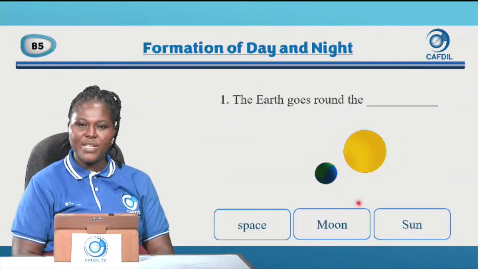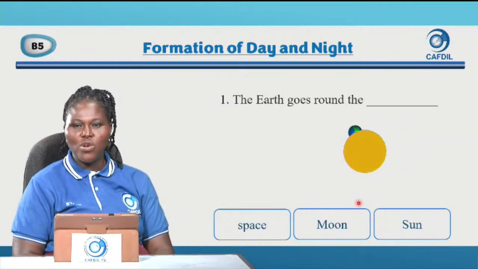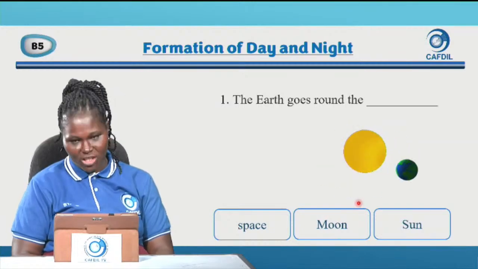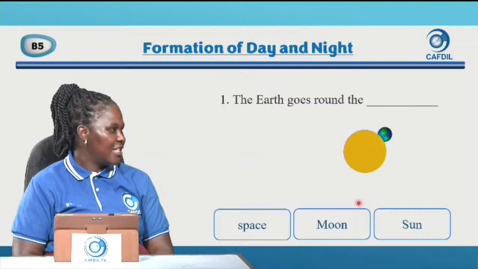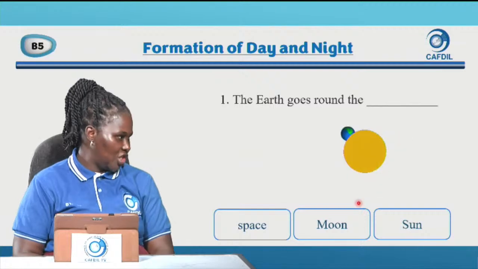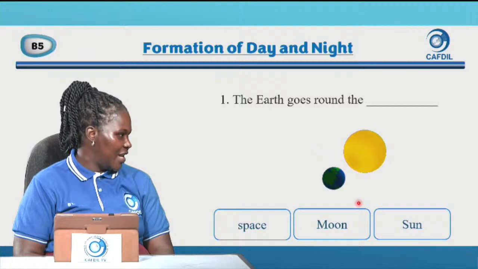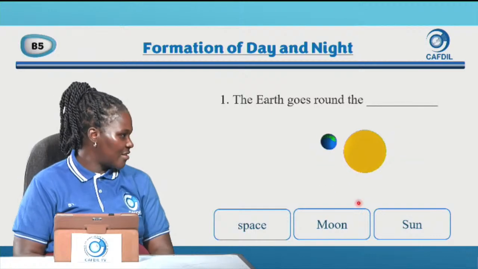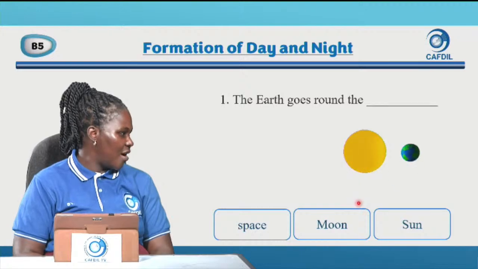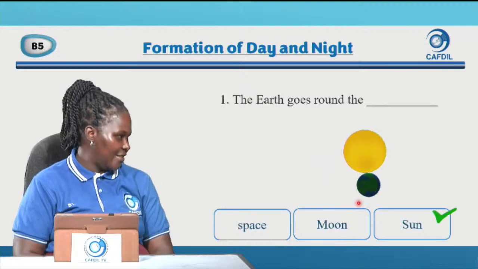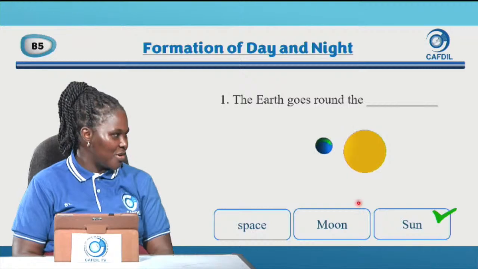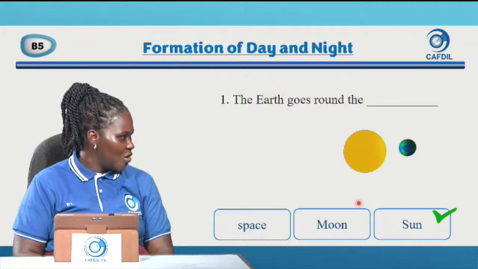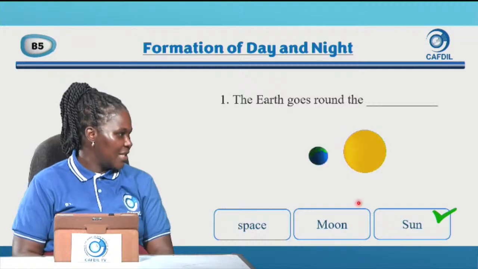So the first question says, the earth goes round the dash. Let's look at the earth. Goes round what? It goes round the sun, as we can see on our screen. The earth goes round the sun.